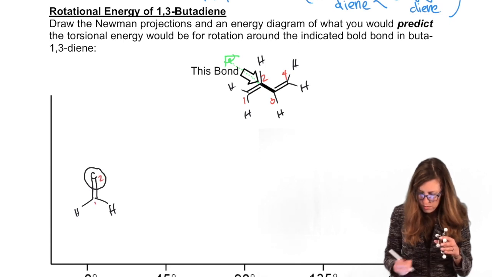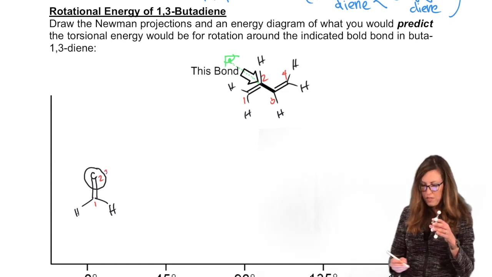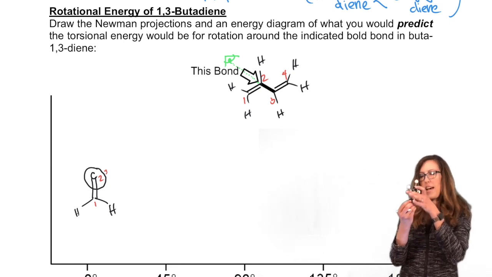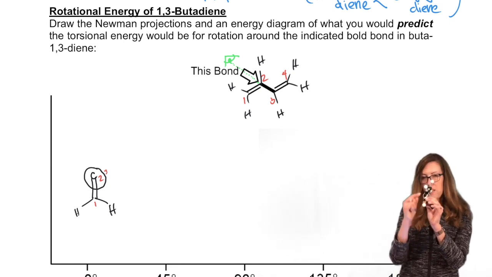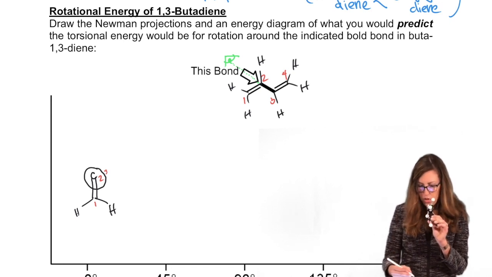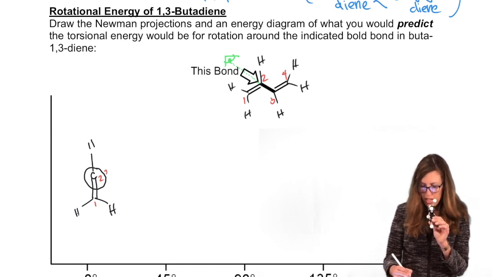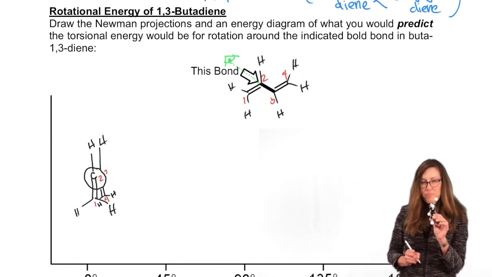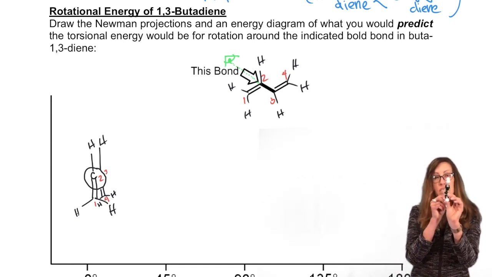This is carbon 1. And then behind carbon 2 is carbon 3. That's part of the Newman projection. And then carbon 3 has the CH2 pointing down and the H going back up. So 2 has this H, 3 has this H, and then we have these CH2s here. So carbon 4. So this is 0 degrees. They're eclipsed.